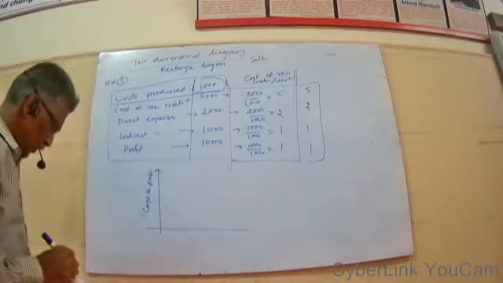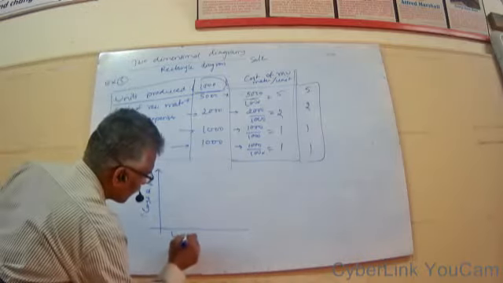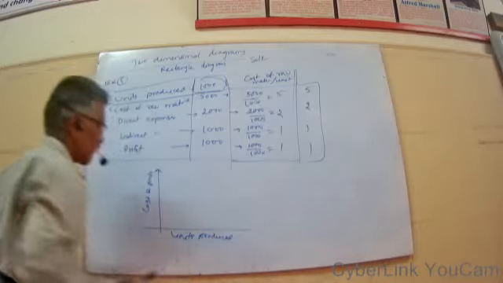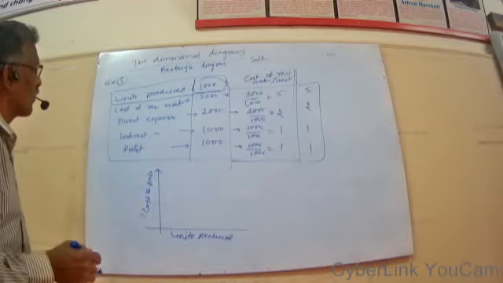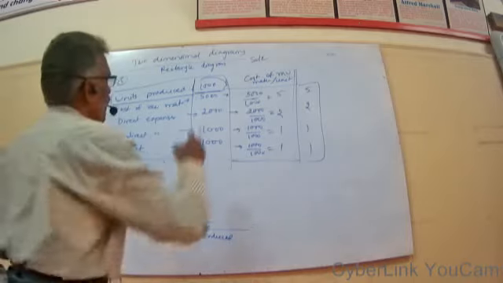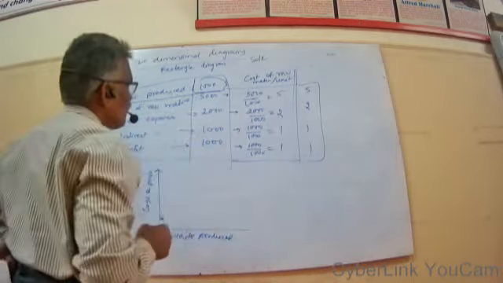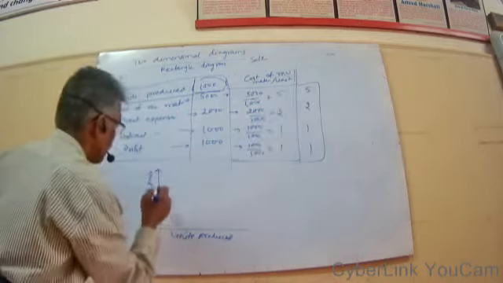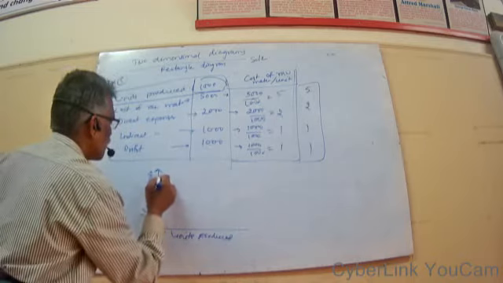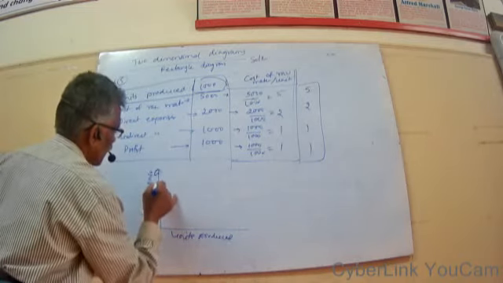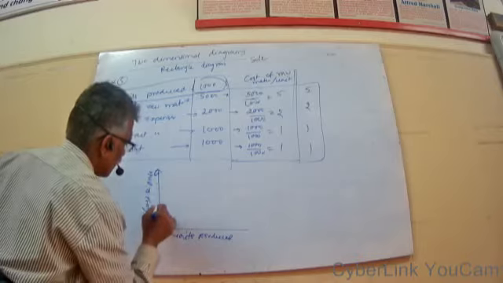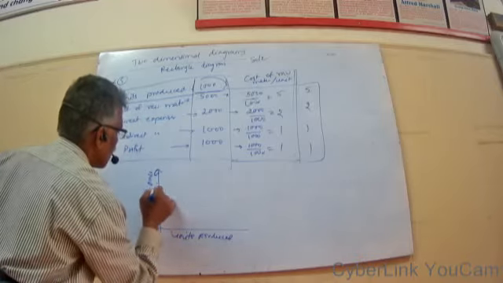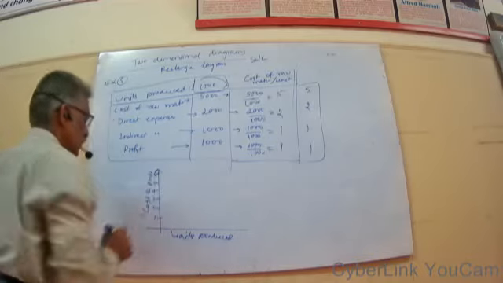Here the units produced, and the expenditure like this. The maximum is 5, so say up to 6: 1, 2, 3, 4, 5 and 6.